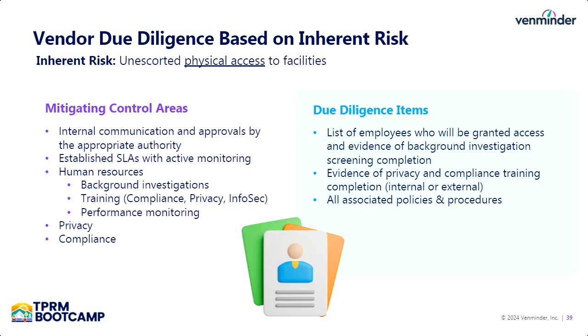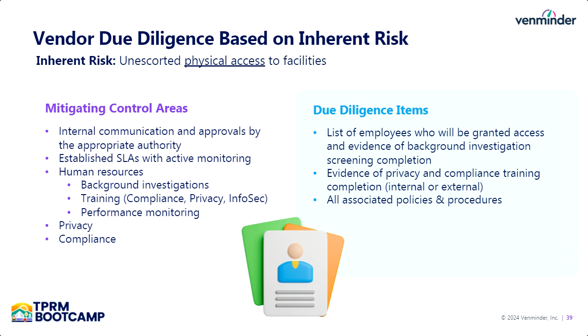Now, when a vendor has unescorted access to your facilities, there's some risk there. So we want to make sure that we are looking at their internal communication and approvals, controls. We have established SLAs in our contract with active monitoring.